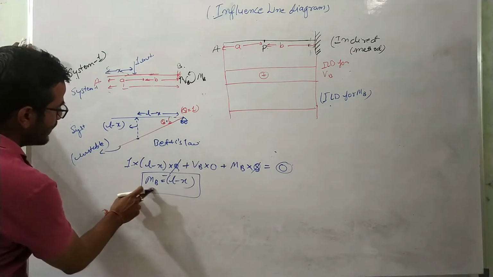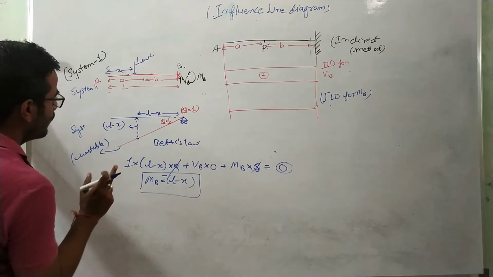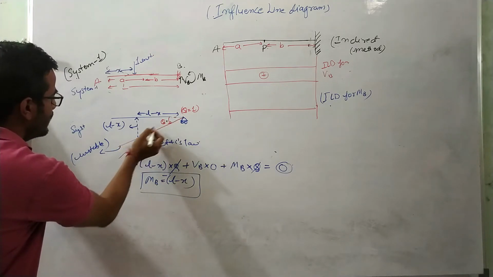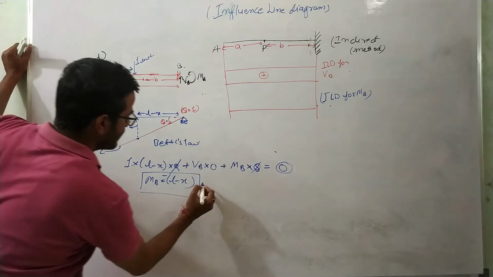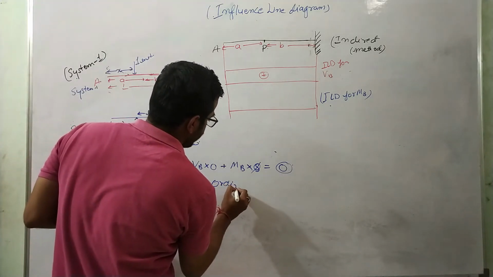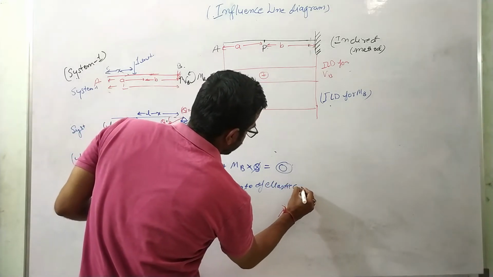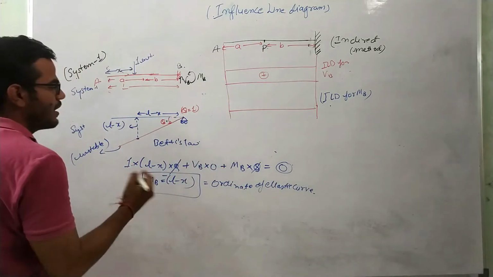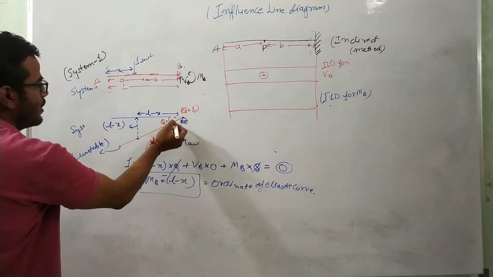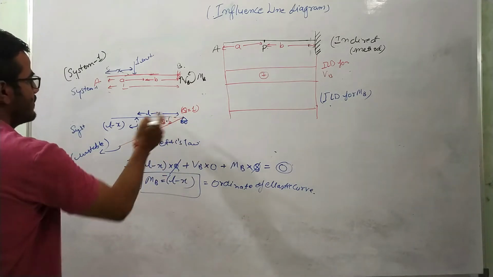So MB is nothing but the ordinate of the elastic curve, or you can say the deflection curve, when we are giving the unit rotation at this point.